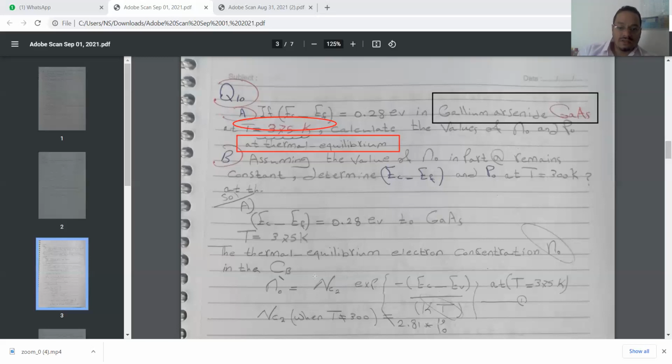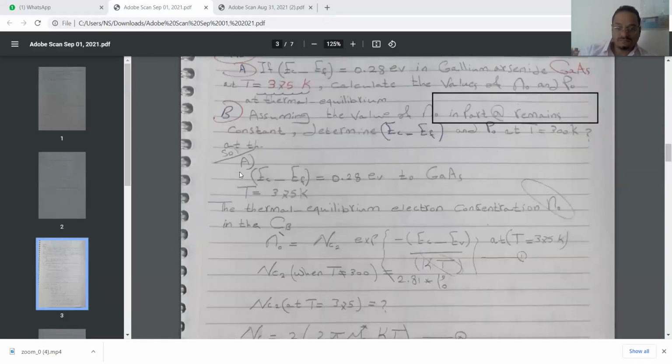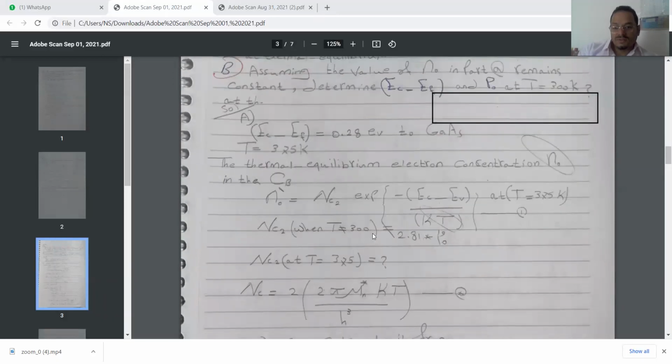Let me show that. Here it is different, at the same time, EC minus EV divided by KT. Here the T is different. That means we must calculate this bracket again by ourselves. Let me delete all that and complete our solution. Here NC doesn't equal 2.81 times 10 to the 18 anymore.